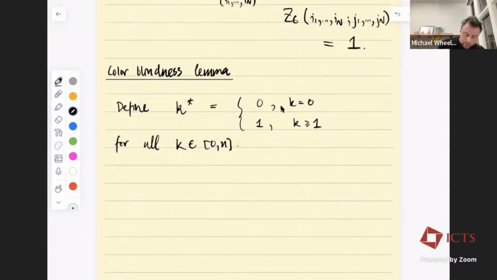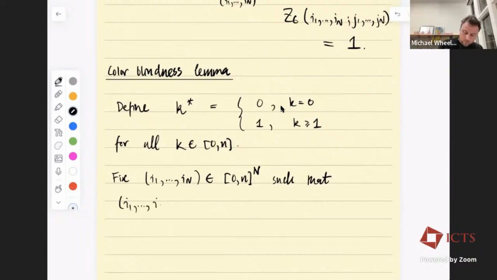Okay, so here is the statement. So fix I1 up to IN that lives in 0 up to n to the n. And this will be such that if I take its colorblind projection, so if I apply star to each of those, I'm going to assume that this is equal to another vector, capital I1 up to capital IN.